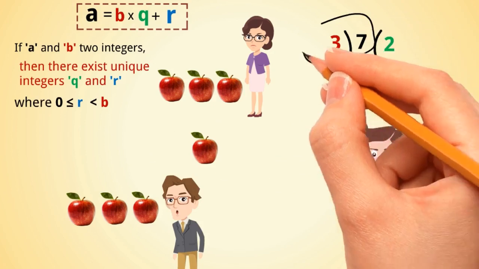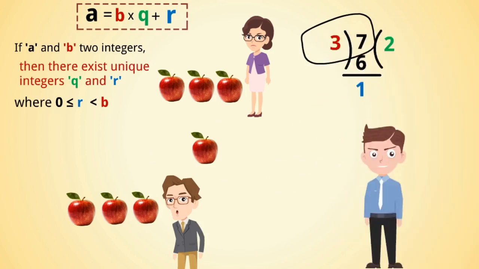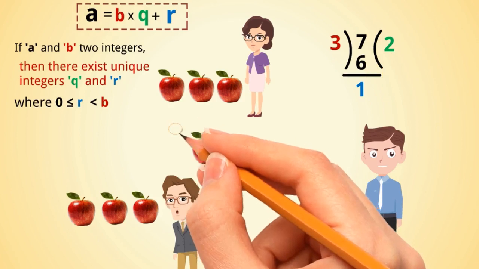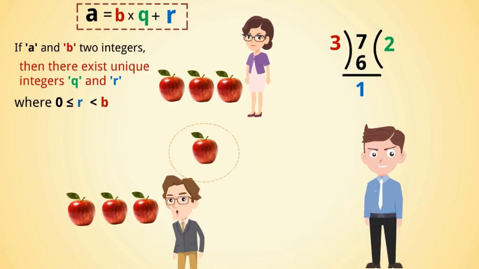Now for the positive integers 3 and 7, these 2 and 1 are the unique values. For each pair of positive integers there will be unique values. It may be 3 and 7, it may be 5 and 8, it may be 9 and 10, it may be 10 and 100. This 1 apple is left. This number of apples should not be 0.5, half, or 0.6.